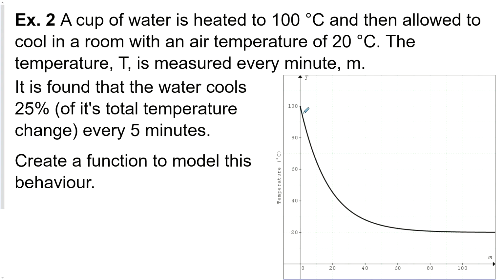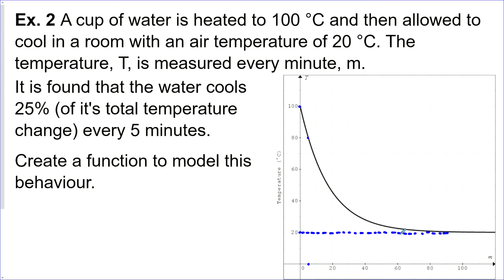So if you look here, we were at 100, and after 5 minutes, which would be right there, we've lost 20 degrees. So you can see that 20 degrees is not 25% of 100, but it is 25% of the total temperature change, because we see here that the cup of water is going to cool down and get closer and closer to room temperature.